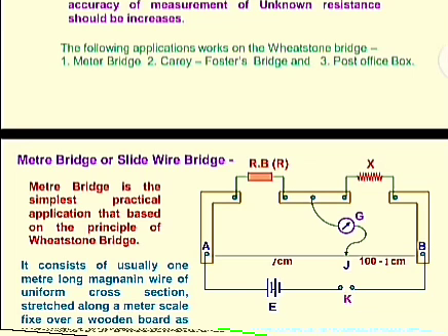Then the length of wire AJ behaves as the resistance P, and the remaining length, 100 minus L, behaves as the resistance Q. In this balancing condition, apply the Wheatstone bridge principle and calculate R upon X is equal to R_AJ, that means the resistance of the AJ balancing length, divided by R_JB, that means the resistance of the 100 minus L length.